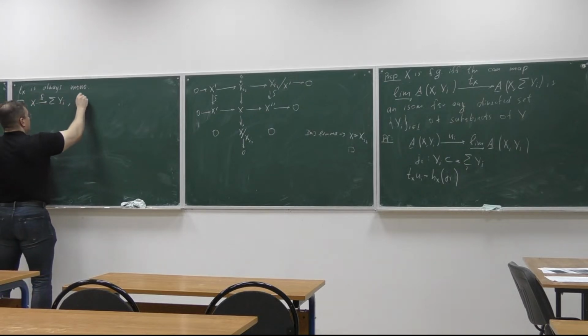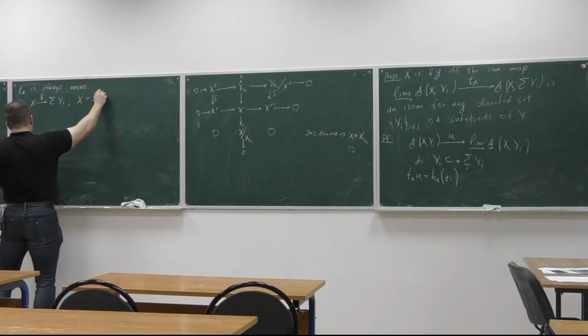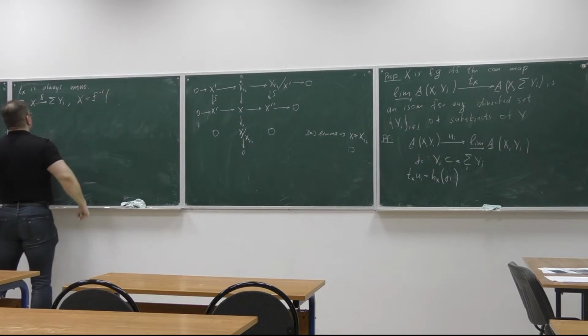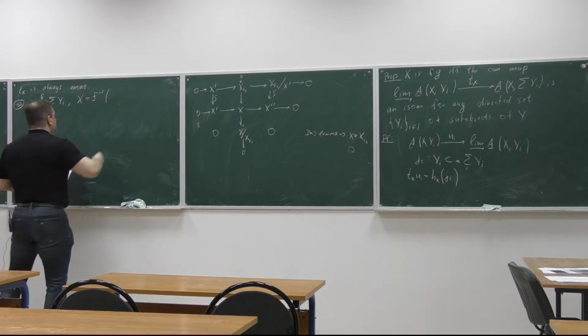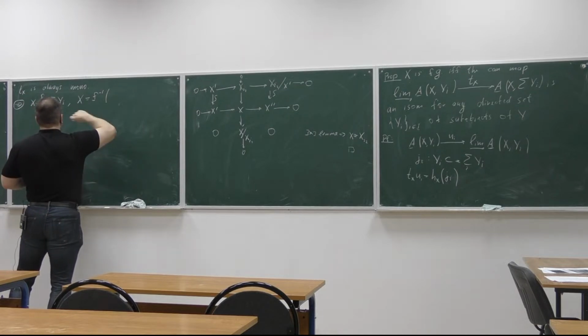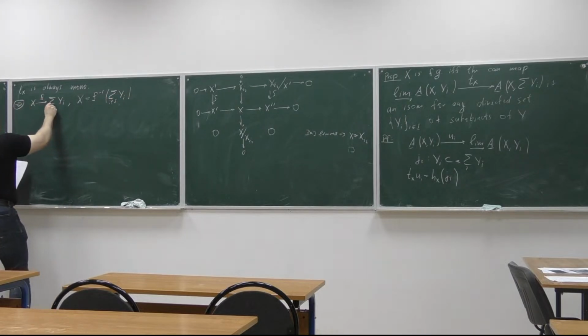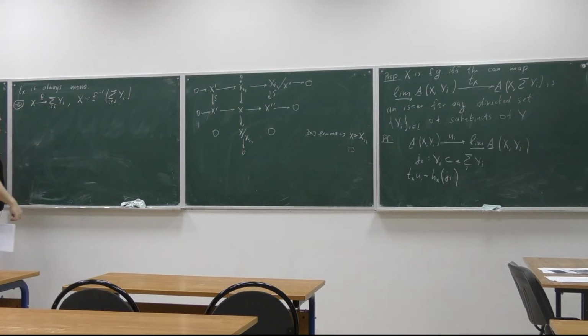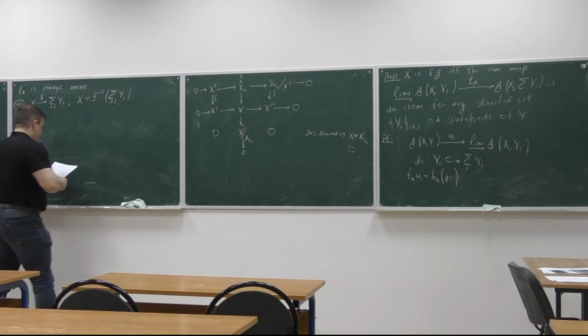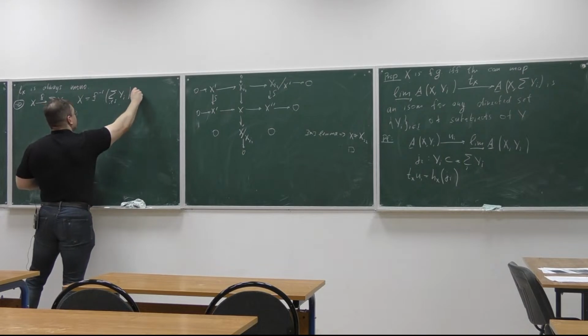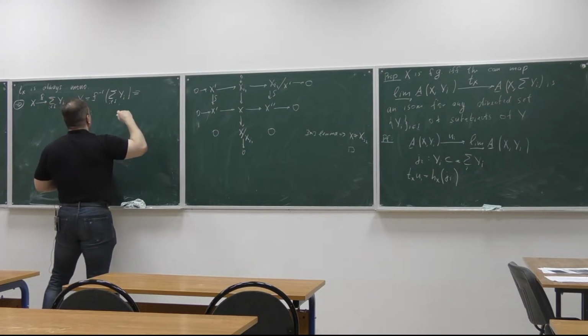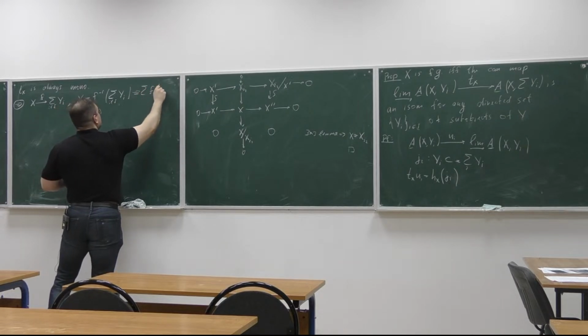Well then, x is the image of the sum, so then this is isomorphic to the sum of the two images.